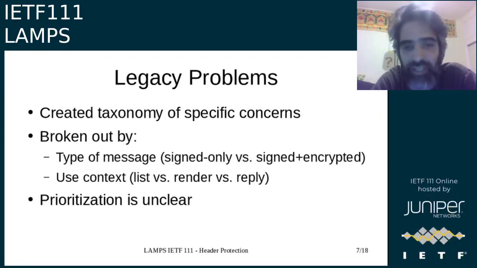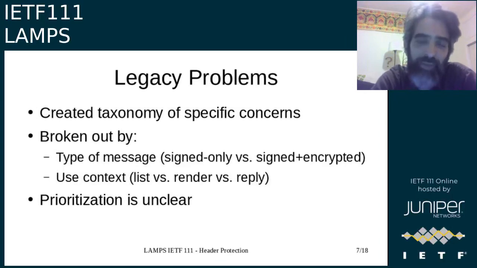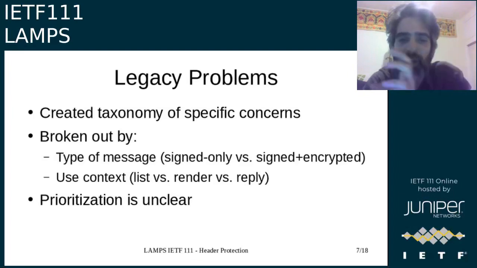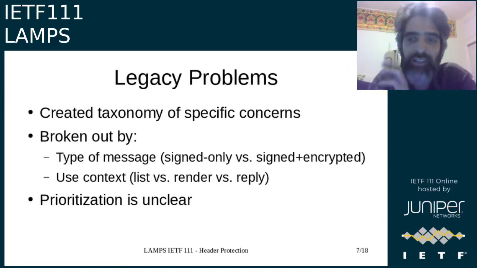There are some duplications in these lists, in that, for example, some of the same problems show up when rendering a signed only message versus rendering a signed and encrypted message, but they're not exactly the same. And it's possible that the prioritization will be different. For example, the same problem in a signed only message might be worse or better than the same problem when rendering a signed and encrypted message.